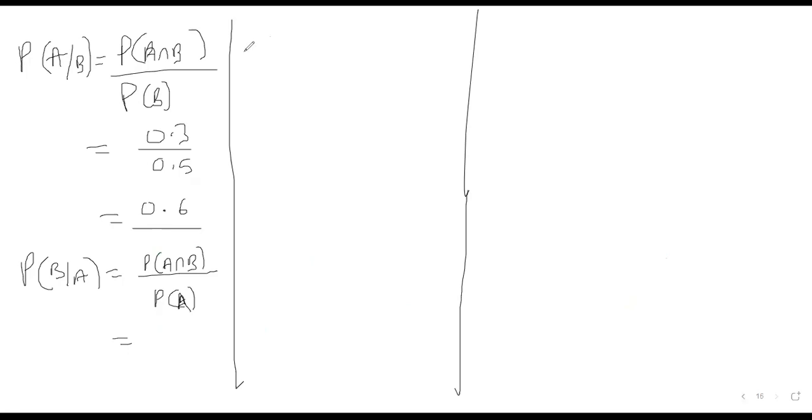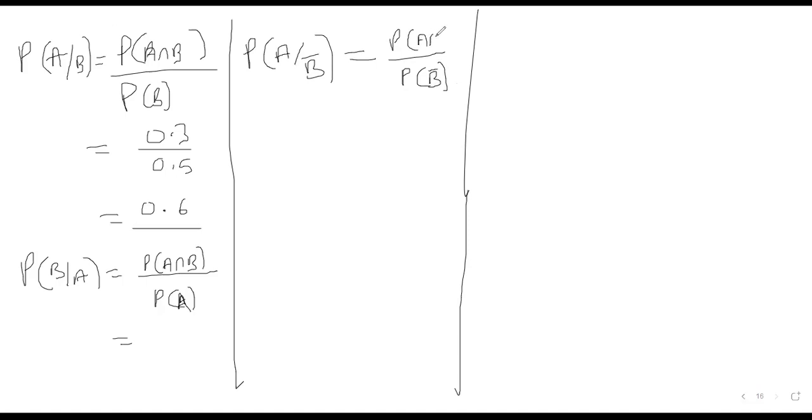So who wants to try what is the probability of A given B complement? How do we do this? What comes down? B complement, right? And what is on top?